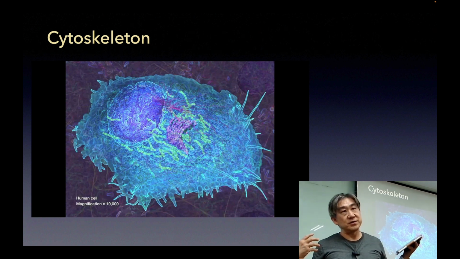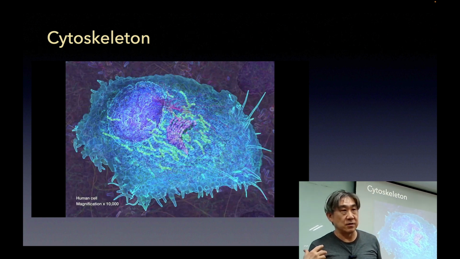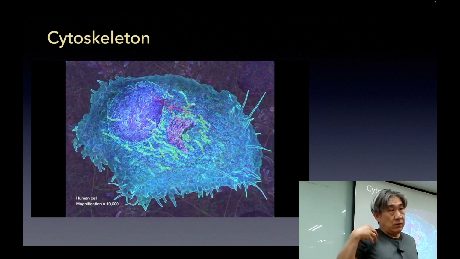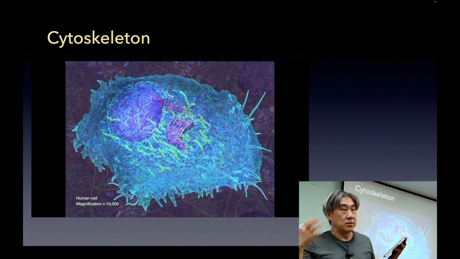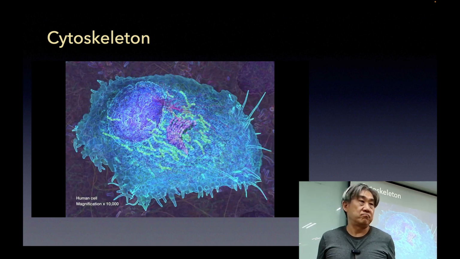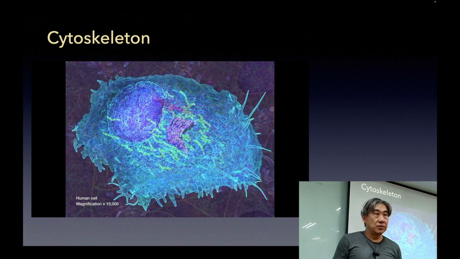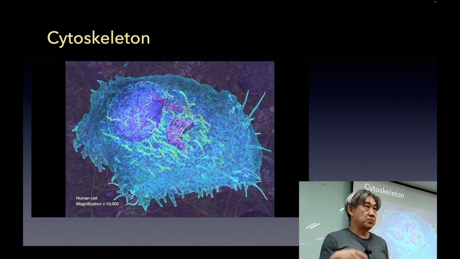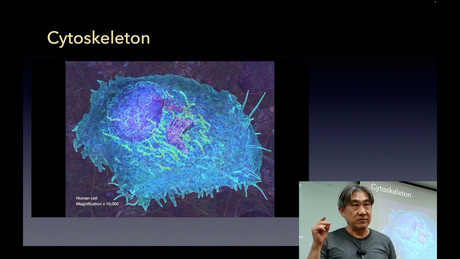Assuming we all know what skeletons are internally, what are the functions of skeletons? Supporting. Without any skeleton inside, our shape would not have been possible. So that's exactly the function this so-called cytoskeleton provides.